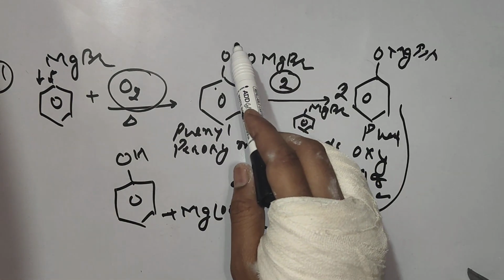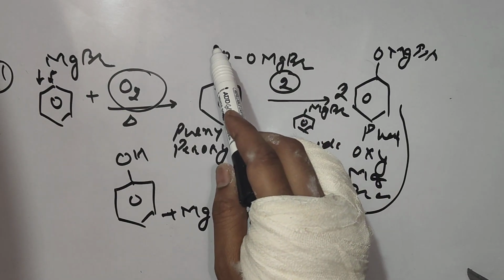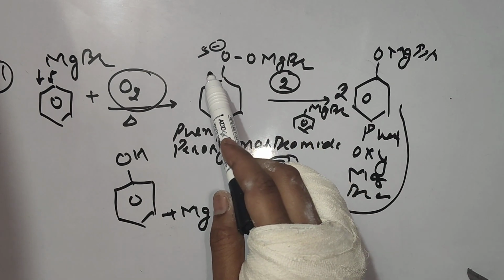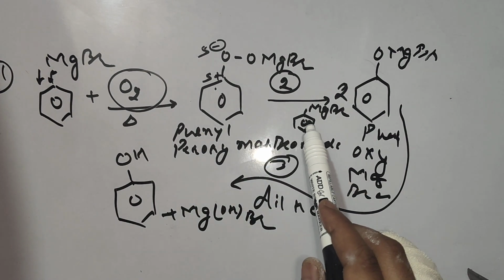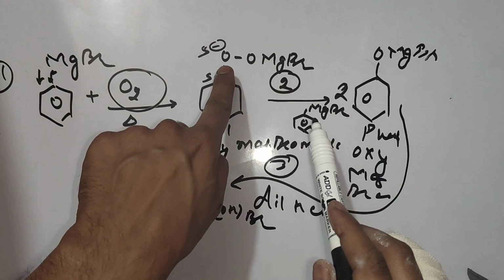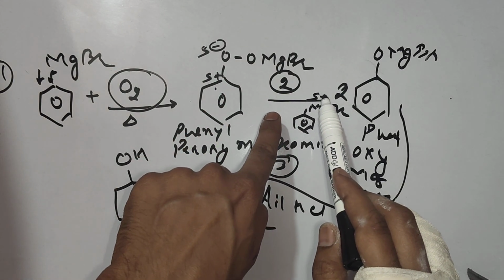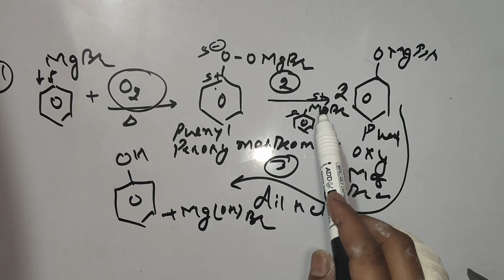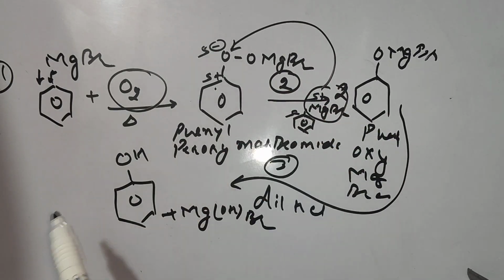And here, as you know, out of this oxygen and this carbon, which is more electronegative? Oxygen is more electronegative, so it is carrying a negative charge, partial negative. This carbon is carrying a partially positive charge. And here, like this, magnesium is carrying positive charge, and this carbon is carrying negative charge. So you just have to add this magnesium on this oxygen.